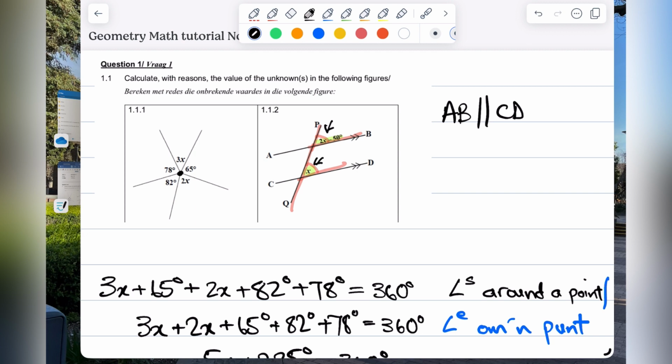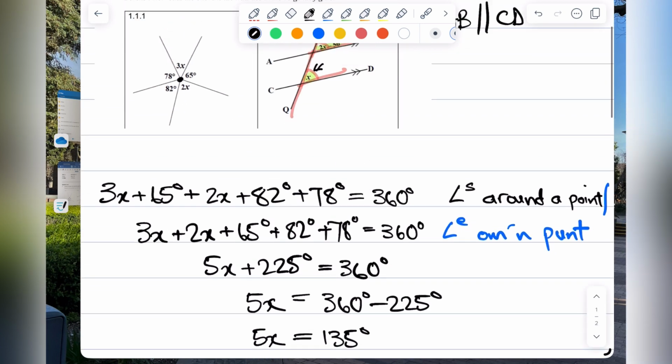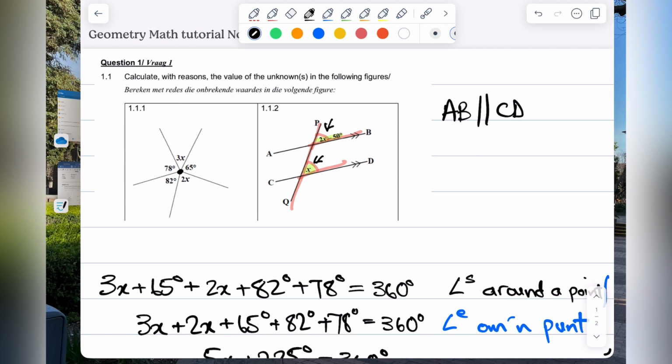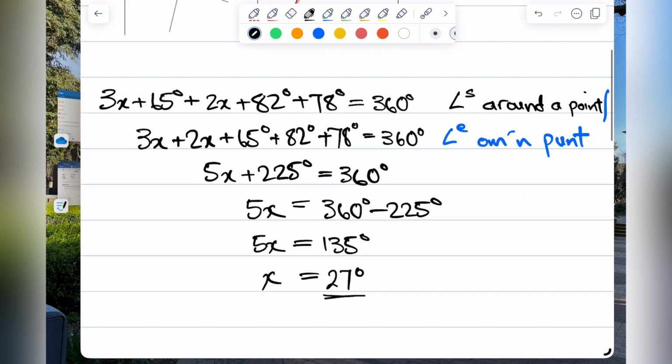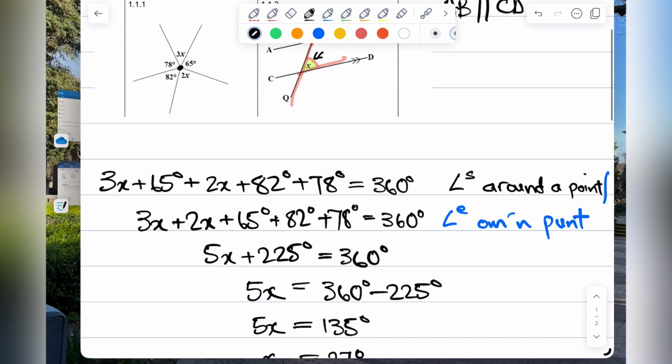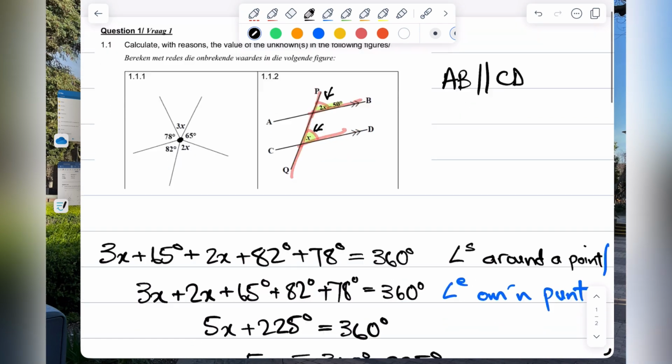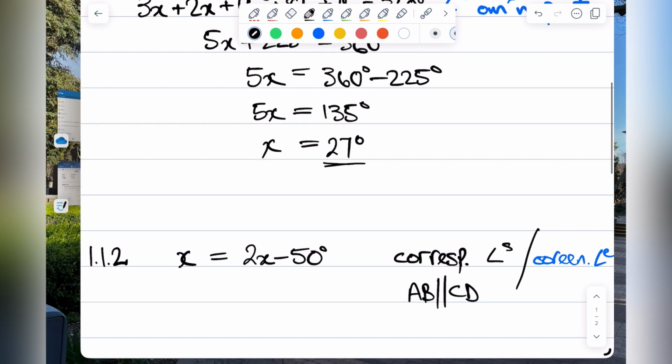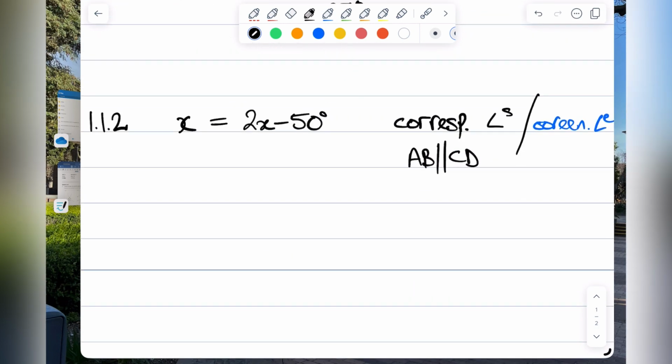So that's the one key difference, that corresponding angles are formed when two straight lines are intersected by a transversal, and if those straight lines are not parallel, they still form alternate angles, corresponding, co-interior and so forth, but they will not have the same relationship like they have if the lines were parallel. In elk geval, ons gaan aan en ons gaan nou oplos vir x.